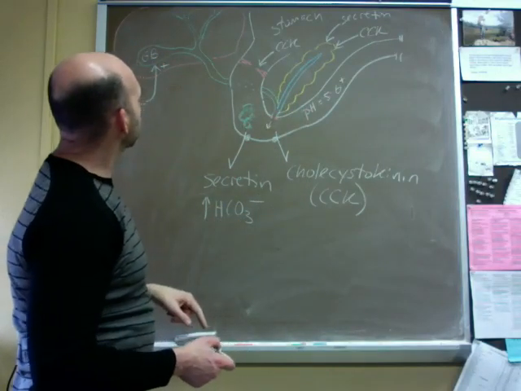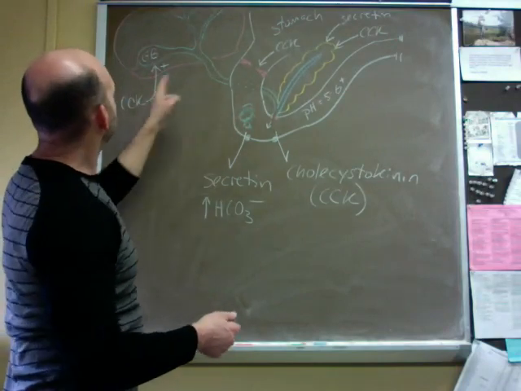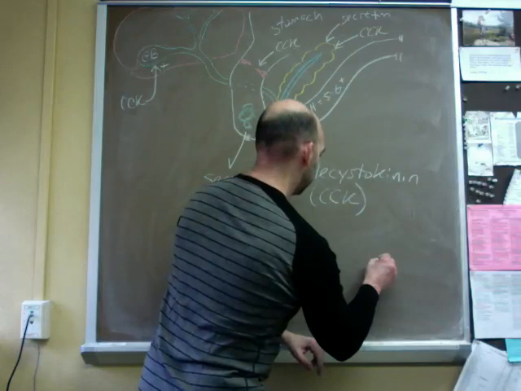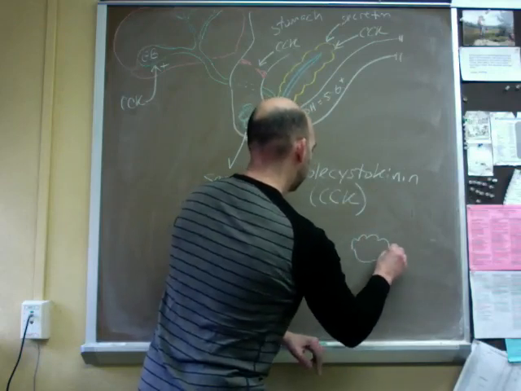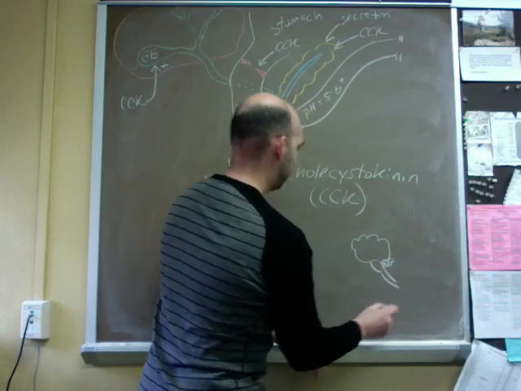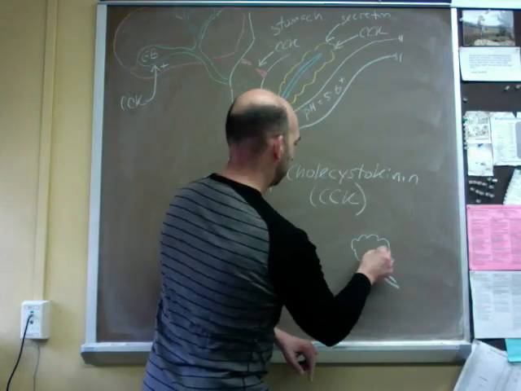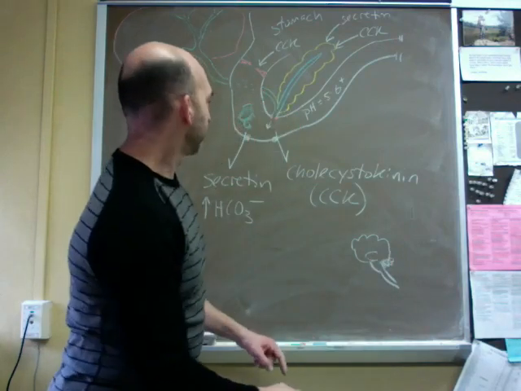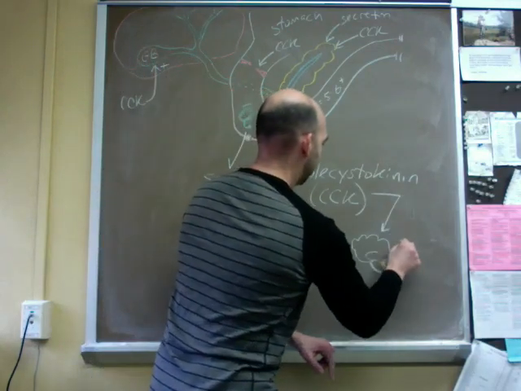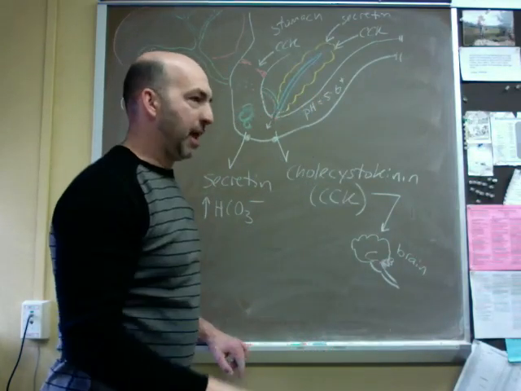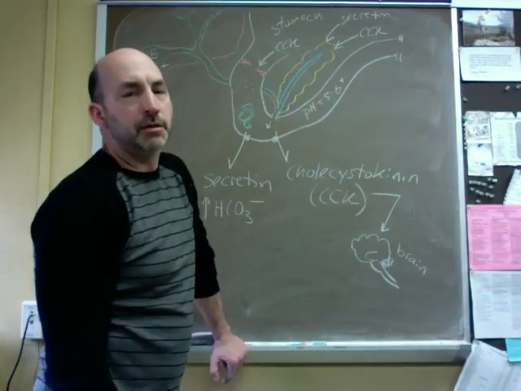CCK is also, let's see, what am I missing? CCK 1, 2, 3, I need 4. CCK also acts on, does that look like brain? Sort of. Temporal lobe. You get the idea. CCK acts on hypothalamic satiety centers.